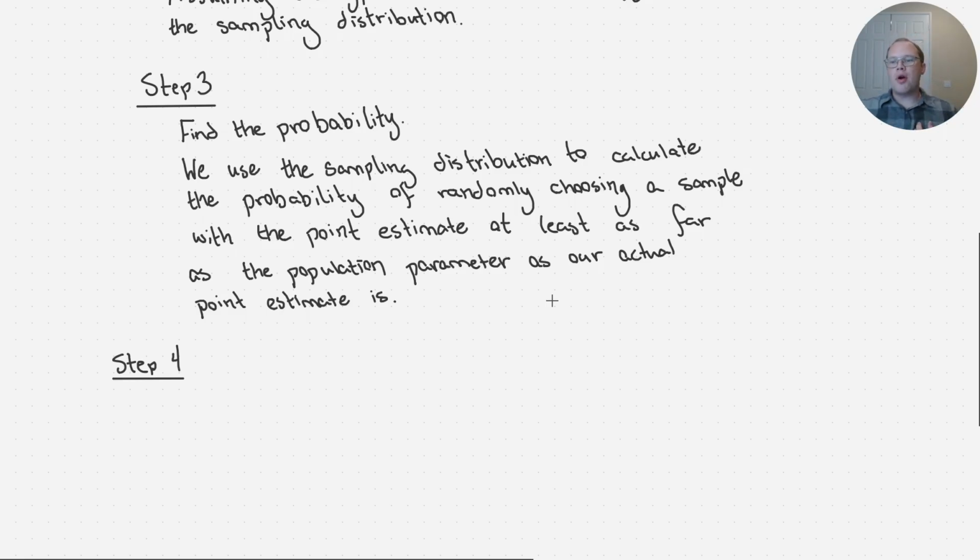We want to know the probability of getting the point estimate we actually do, assuming that hypothesis is true. So step 4, once we have that probability, we need to draw a conclusion.